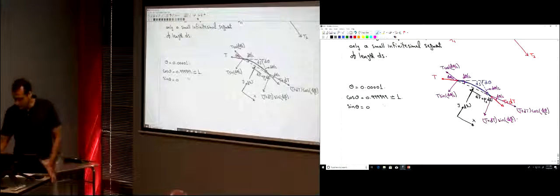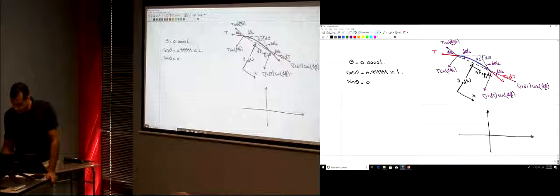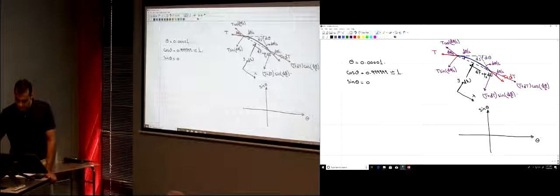The thing is, look, if you try to plot sine theta versus theta, how does this curve look?